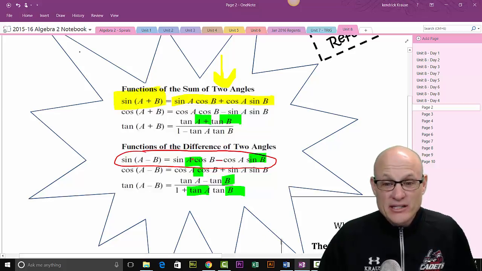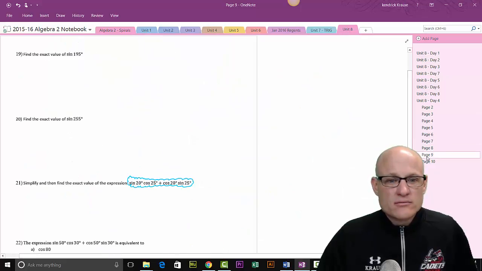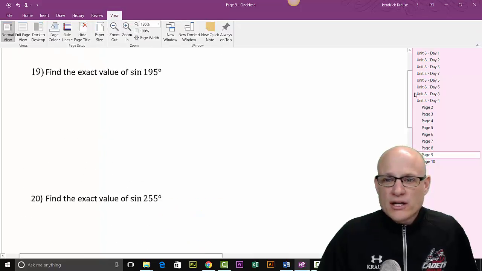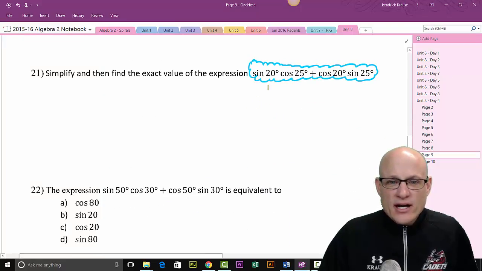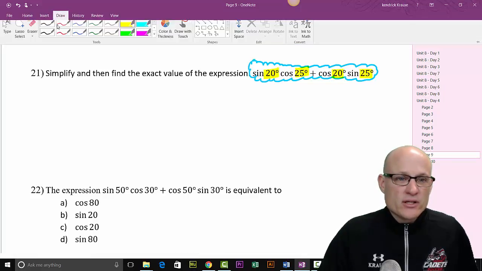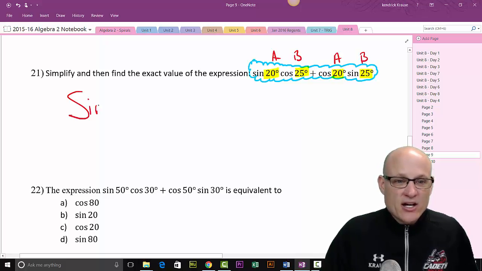So when I go back to my equation over here, blow it up, and I say, oh, wait a second. This I can work backwards from. This is sine of A, cosine B, cosine A, sine B. This is really A and B. So this is really the sine of A plus B. That's the sine of A plus B formula.